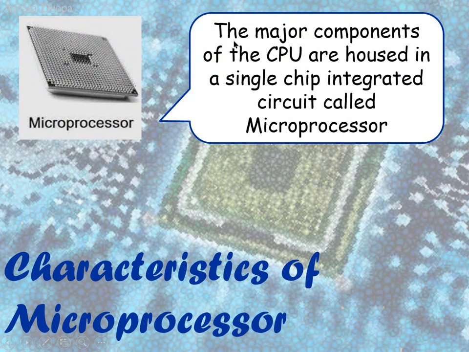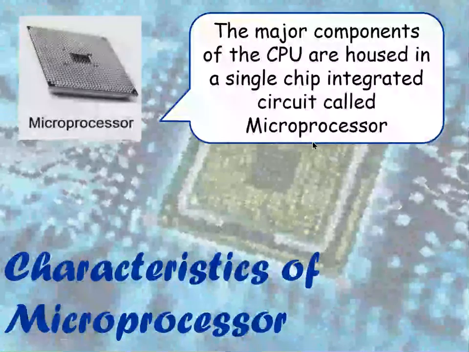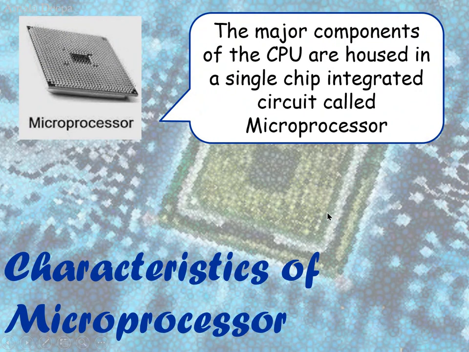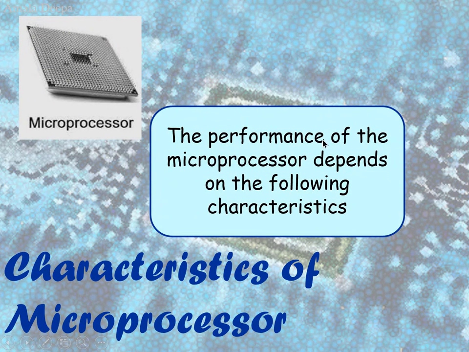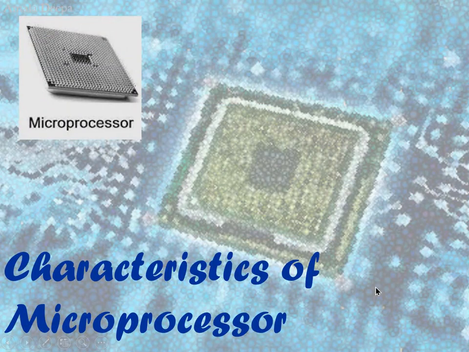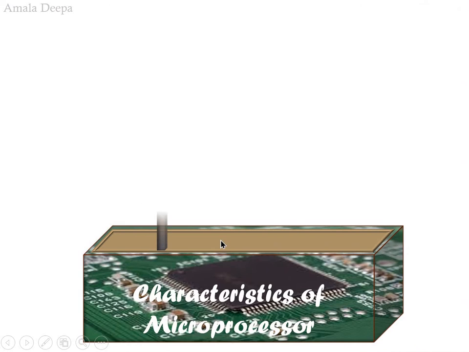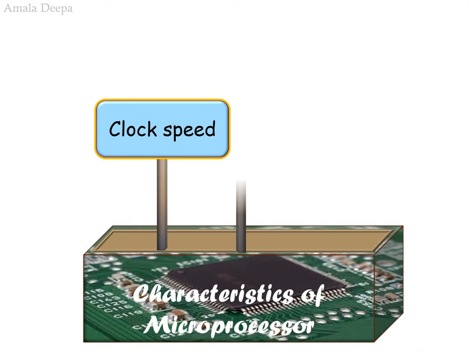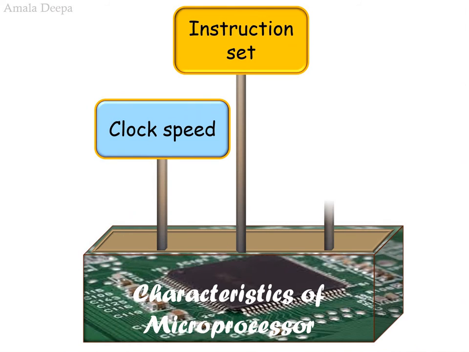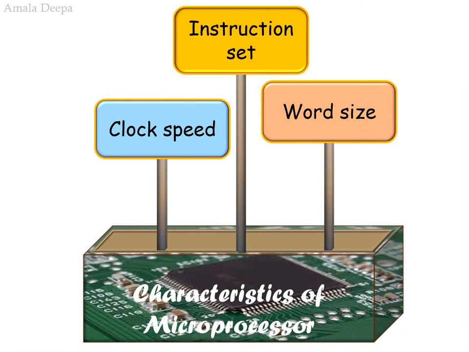The major components of the CPU are housed in a single chip integrated circuit called microprocessor. The performance of the microprocessor depends on the following characteristics: clock speed, instruction set, word size.